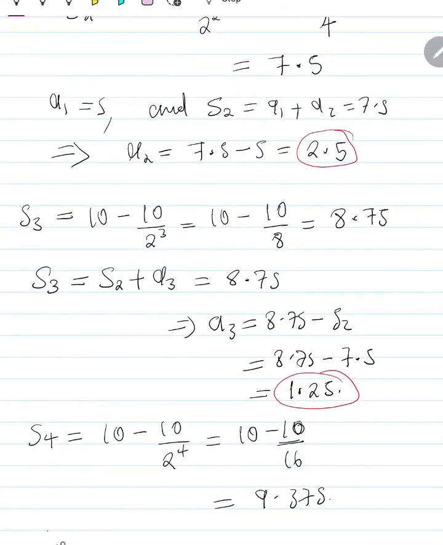Okay, so therefore, like we did in the previous step, A4 will be S4 minus S3. So S3 is 8.75. So this should be 0.625. Okay.